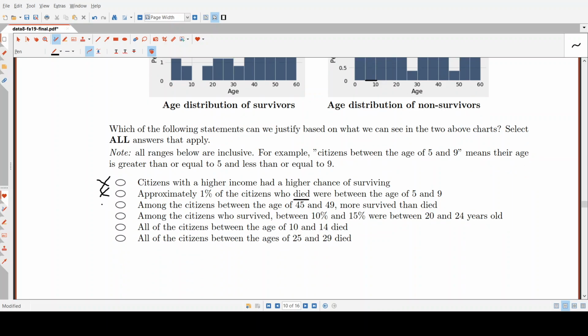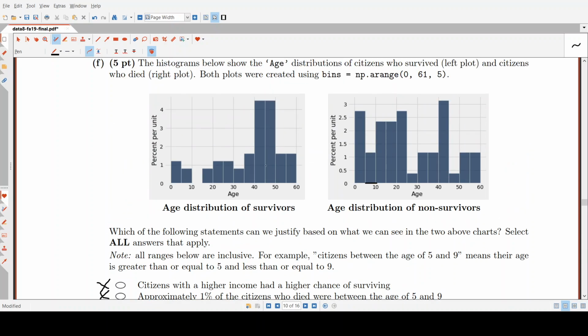Okay. Third, among the citizens between the ages of 45 and 49, more survived than died. So 45 and 49 are this bin here and this bin here.